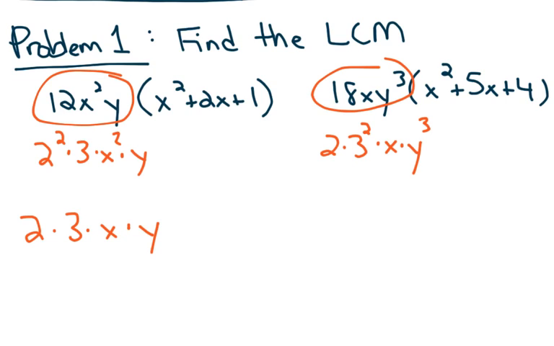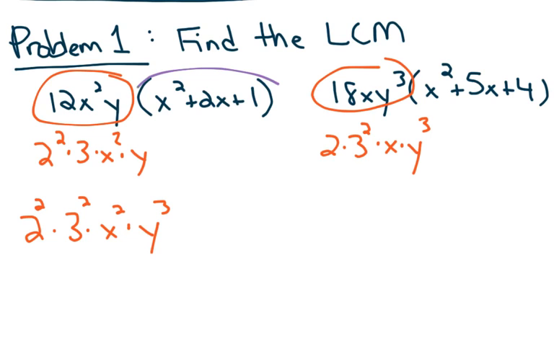Well, the largest exponent of 2 is squared. The largest exponent of 3 is squared. The largest exponent of x is squared. And the largest exponent of y is cubed. So that's going to be the least common multiple of those monomials that are in front of each of the trinomials. Well, now let's tack on those trinomials.